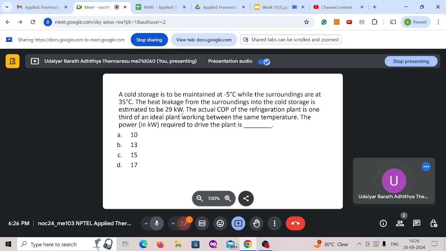So the cooling capacity required is equal to the heat leak. So you know Q, and you have to just estimate W.